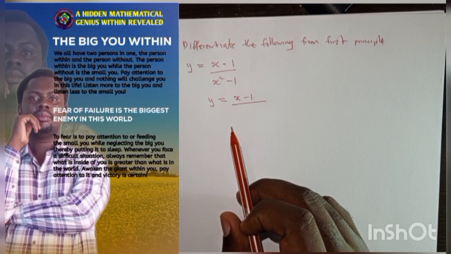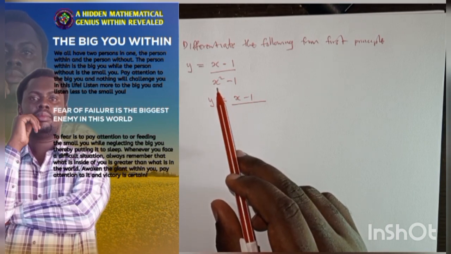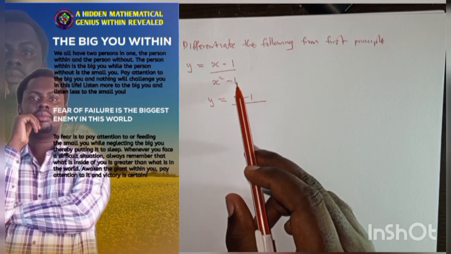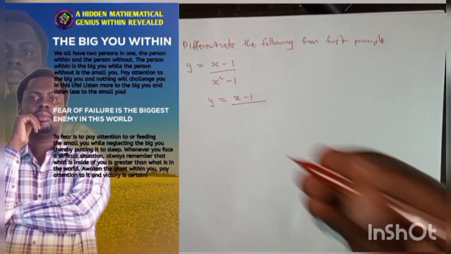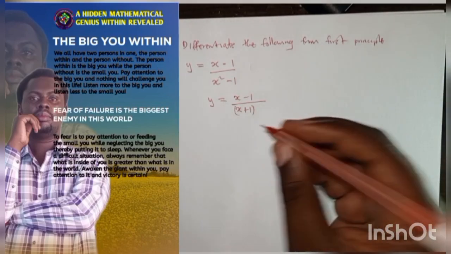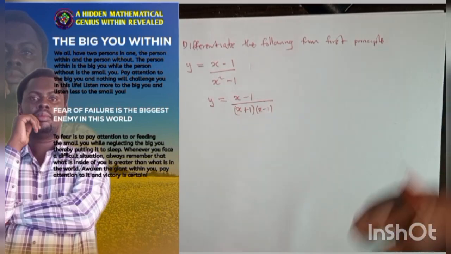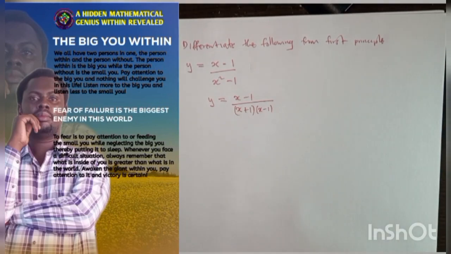The square root of x squared is x, and the square root of 1 is 1. So this gives us the product of x plus 1 and x minus 1. That is a factorization by difference of two squares.